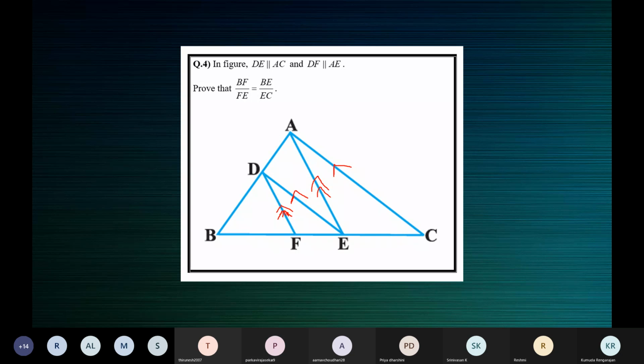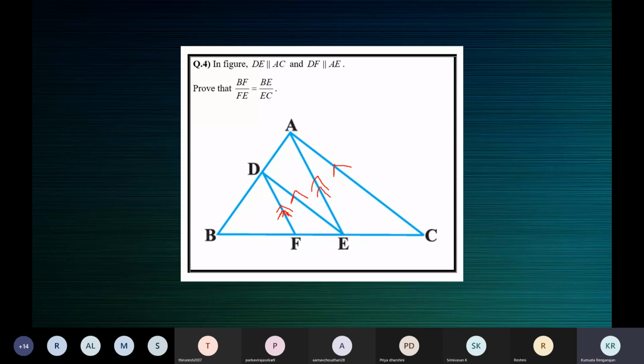Ma'am, I found the answer, ma'am. Muthuvel, are you there?